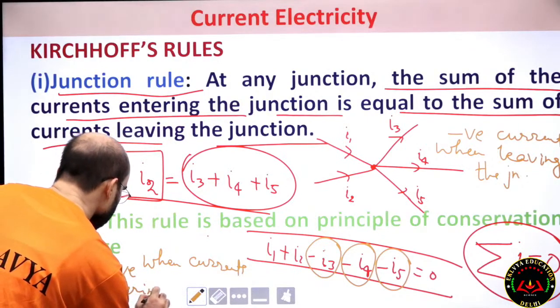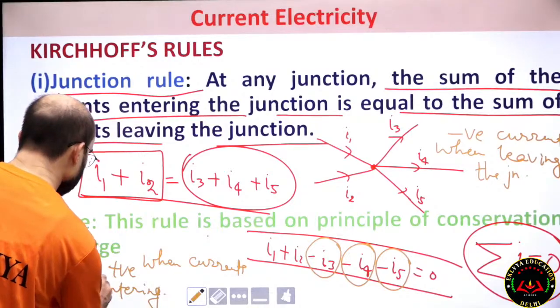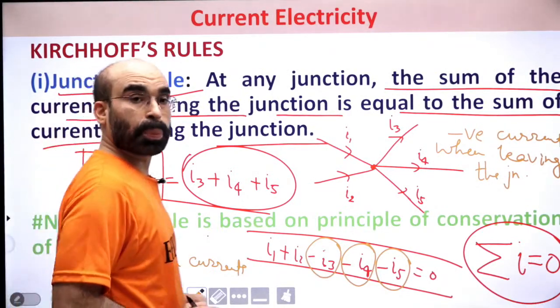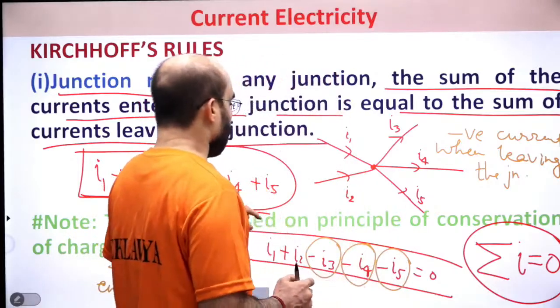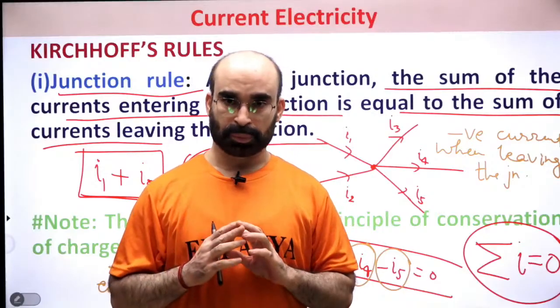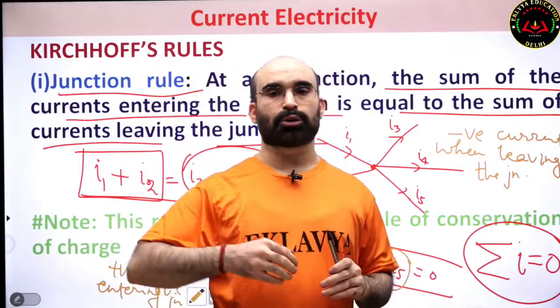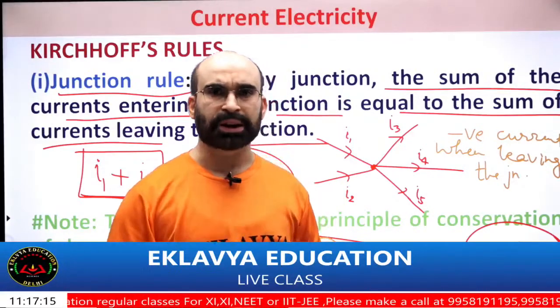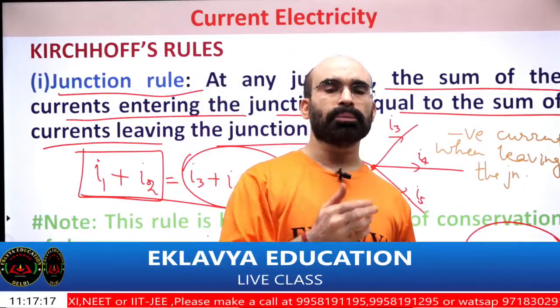Can we say that? So it is very simple. At any junction, net current equals 0. Current entering is taken to be positive, current leaving the junction is taken to be negative. So isn't it very simple? Now let us move on.